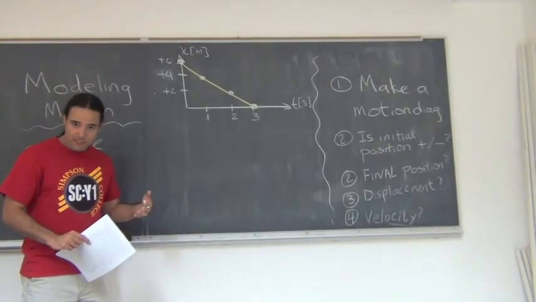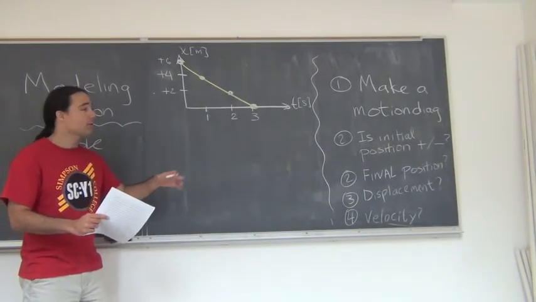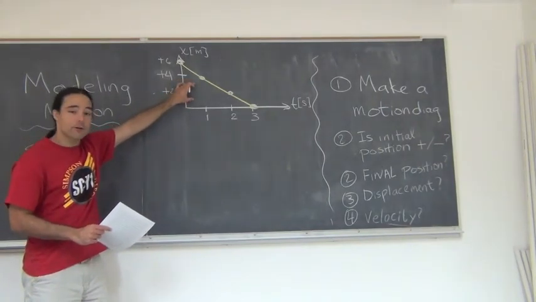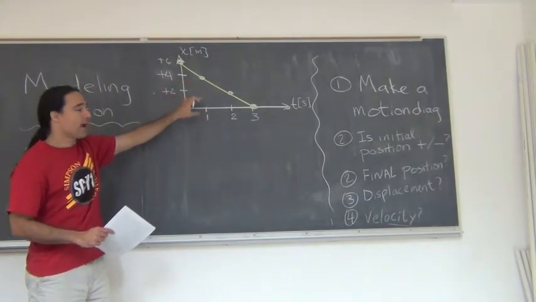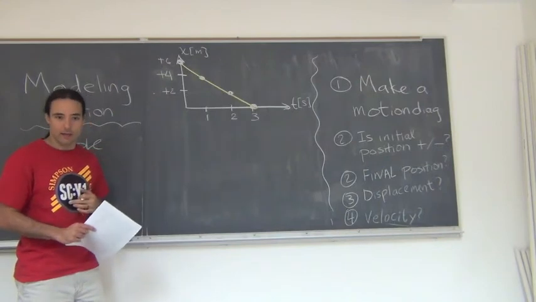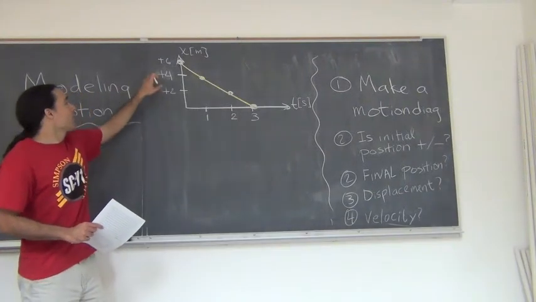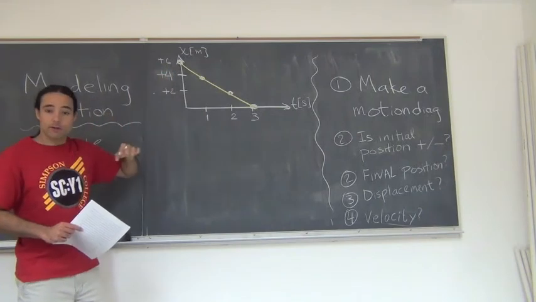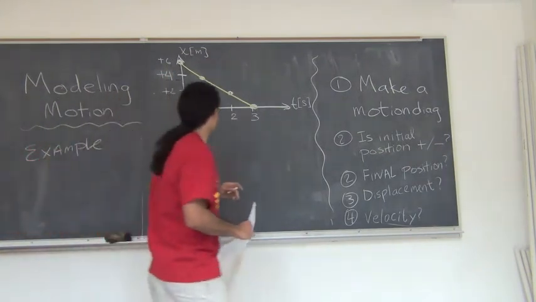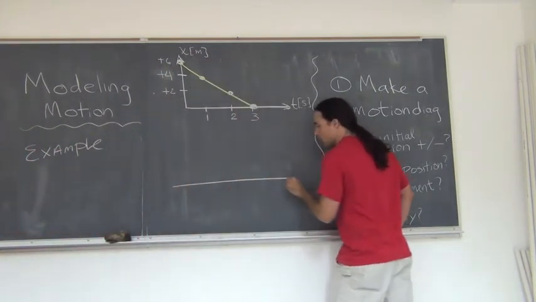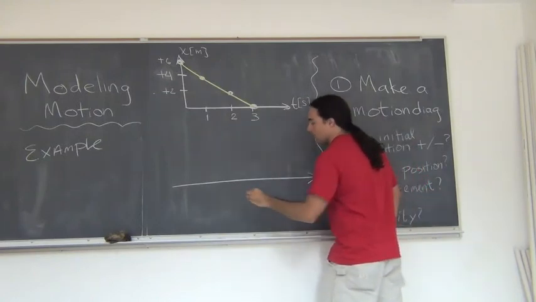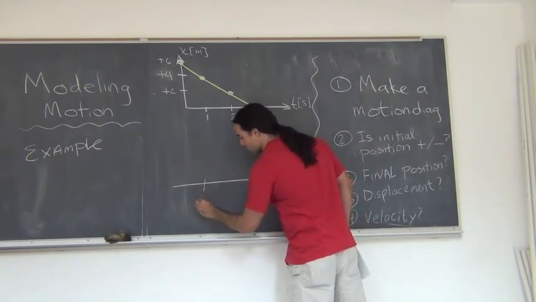Let's try another example. This time we're going to go in the opposite direction. We're going to start with a position versus time graph, and we're going to make a motion diagram. So first thing I want to do is set my number line. I'll call this the origin.